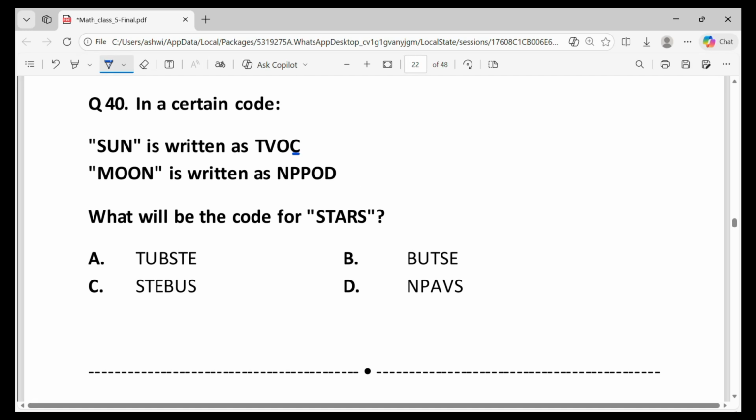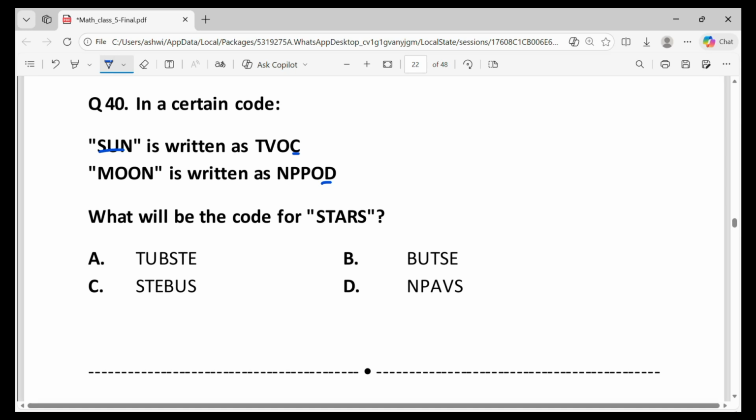is the alphanumeric representation, as there are 3 letters in sun, so the third letter C is added. For moon, there are 4 letters and the fourth letter is D, so D is added.